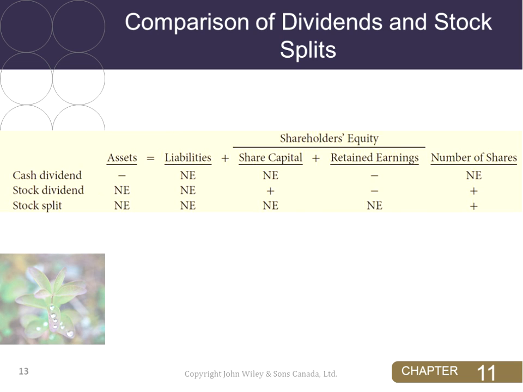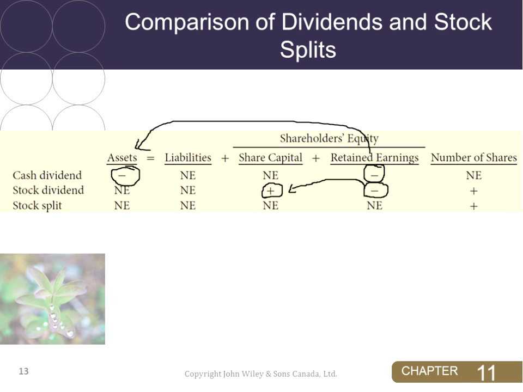So we look at a cash dividend. We pay out our cash, so assets are going down and retained earnings are going down. We're taking funds out of our retained earnings and paying them directly into the pockets of our shareholders through a dividend. A stock dividend, we're taking our retained earnings and we're paying them out in new shares.